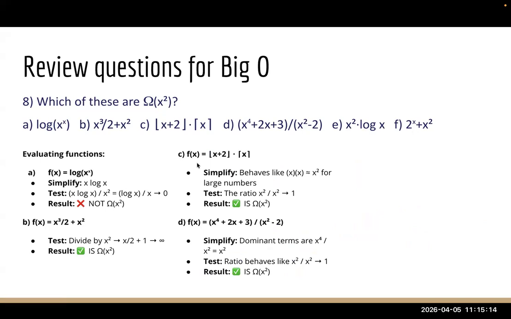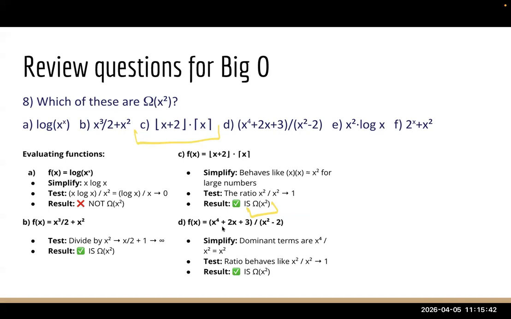Now for part C, this basically behaves like x multiplied by x, which is just x squared for large numbers. And the ratio x squared over x squared is 1. Therefore, part C is also valid and it is omega x squared. Now, for part D, x to the power 4 plus 2x plus 3 over x squared minus 2.